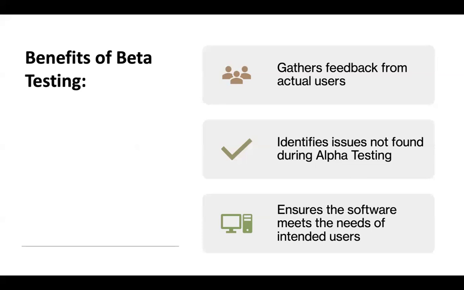It's going to ensure that the software not only meets the design requirements, but it also meets the needs of the intended users. So, for example, our software can match all of the requirements that the customer asked us for. It can be top-notch, but again, we may have lost something along the way.